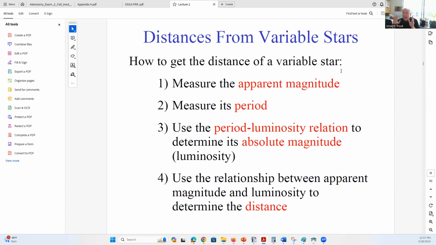But when we look up at the sky, we can't tell that. So we measure their apparent brightness, their apparent magnitude, and then we measure its period. And we use this period luminosity relationship to determine its absolute magnitude. And from this, we can use the relationship between the apparent brightness and its actual brightness to determine the distance.